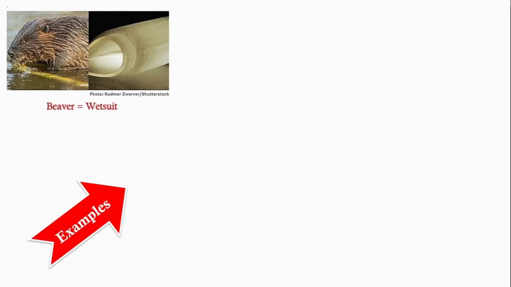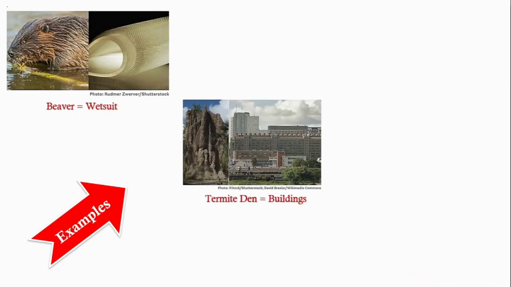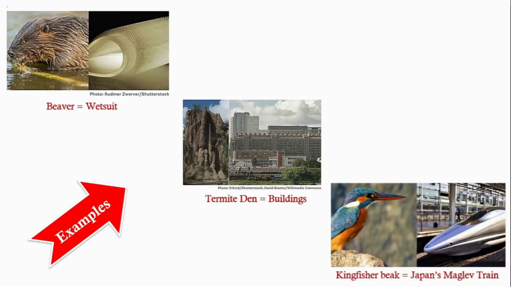The inspiration is taken from the beaver, whereas for another concept like buildings, the inspiration is taken from the termite den, right? Then here Japan's maglev train took its inspiration from the kingfisher's beak. So what is happening here, one figure is representing another concept, okay, and this is known as a metaphor.